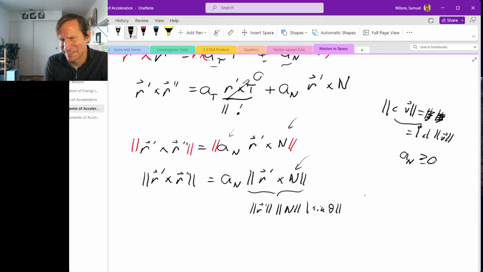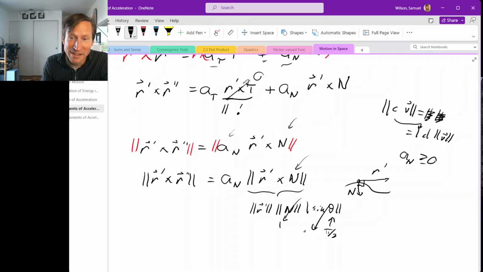But wait a second. First of all, the magnitude of n is 1. Second of all, remember the general situation. We have r prime parallel to the curve, and we have n perpendicular to the curve. So the angle between these two vectors is pi over 2, and the sine of pi over 2 is 1.